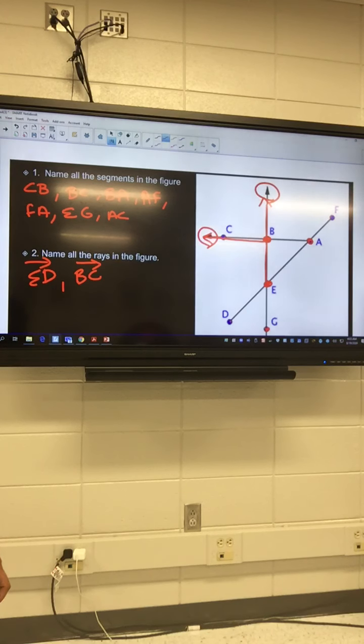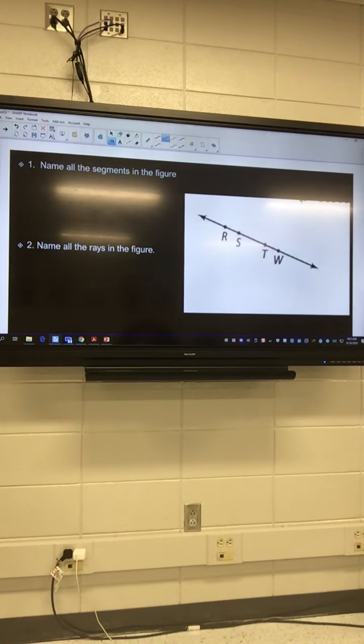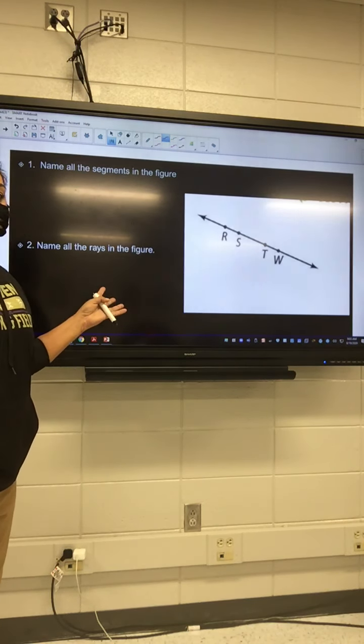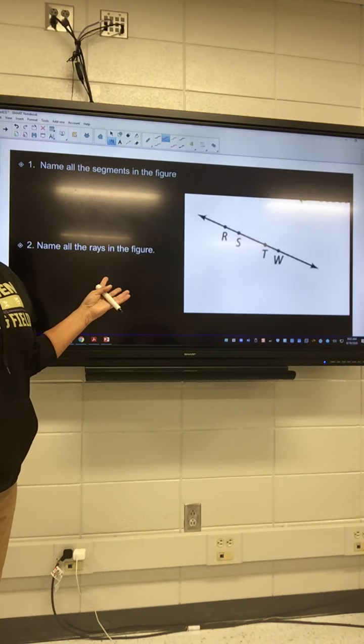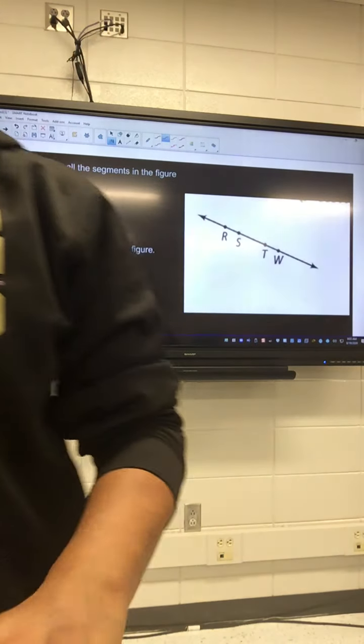Can I scroll? Do you guys still need to do this page or not? Do you understand segment rays? Actually, I don't know. This might be one of your homework pages.